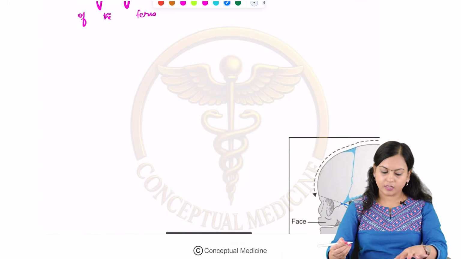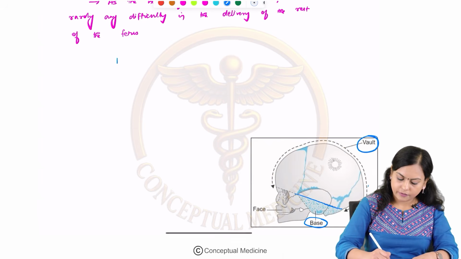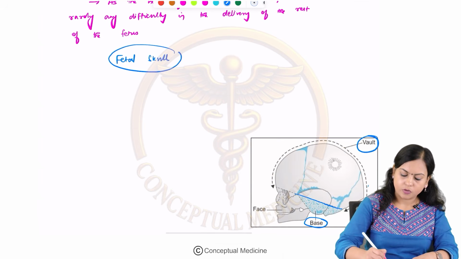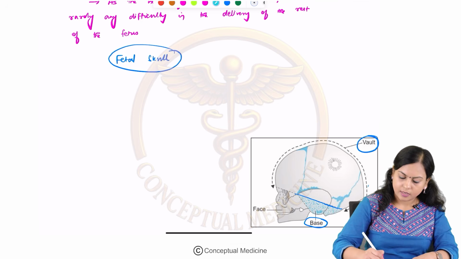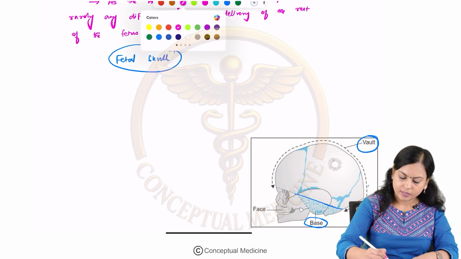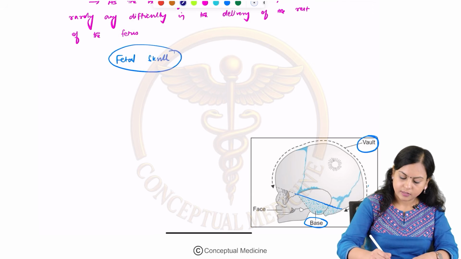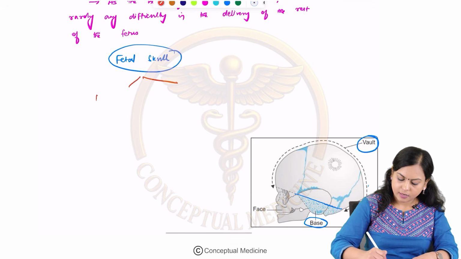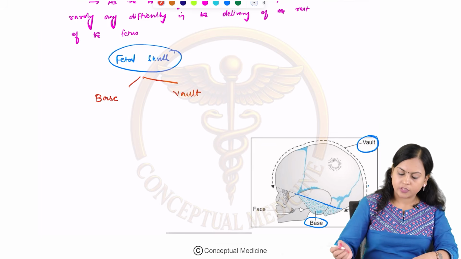So the fetal skull can be seen in two parts. Number one is the base region. Number two is the vault region.